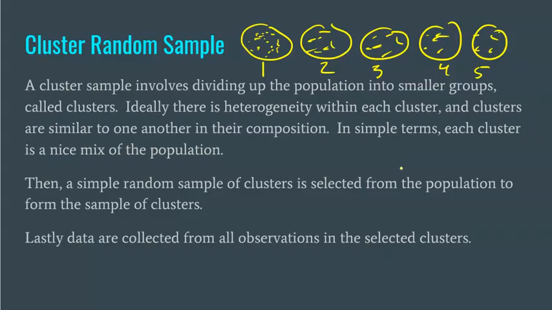So why is this a good thing? Well, because each group is already a nice mix, when I select, say, group 3 to be my sample, I'm getting a nice group already. The example I did with my hotels is, remember when we divided the hotels up by direction: northeast, northwest, southwest, southeast.